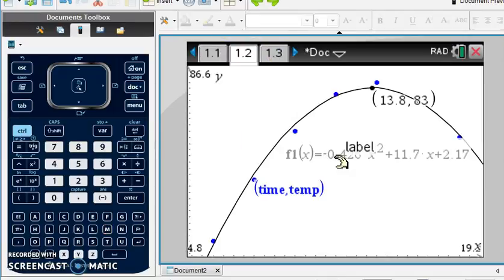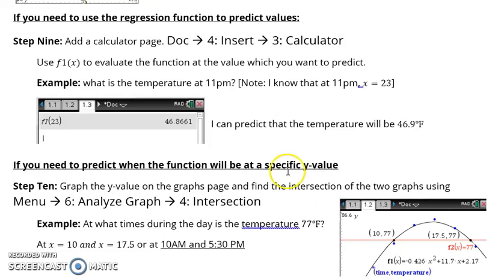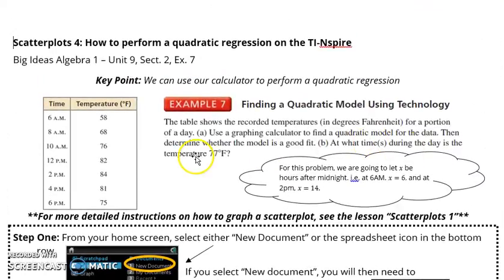That's another application scenario. A third one may be that they ask you, at what time do you have a certain temperature? In this problem, we are looking at what time is the temperature 77 degrees Fahrenheit?